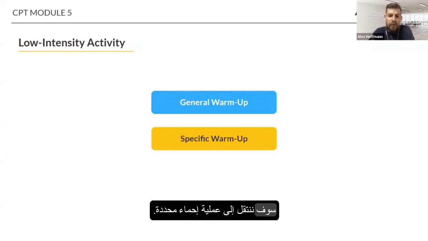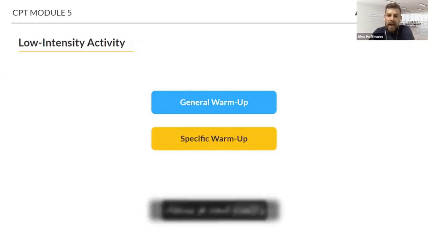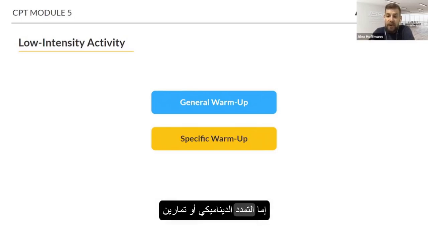From there, we would move into a specific warm-up, and a specific warm-up is simply either dynamic stretching or unweighted, unloaded exercises that mimic the loaded exercises we are going to be doing in that training session. So a specific warm-up is simply movements to prepare the body for the exercise or the sport that we're going to be performing that day.